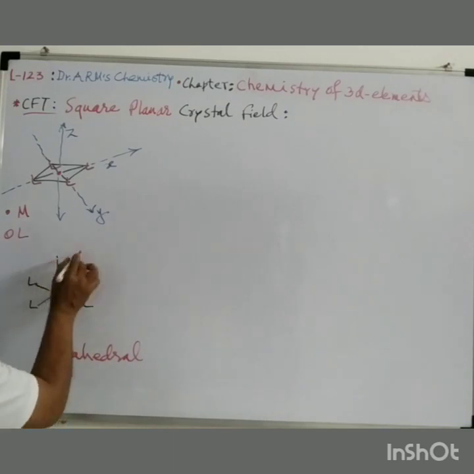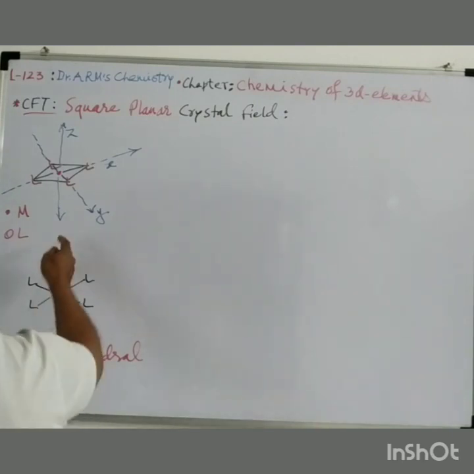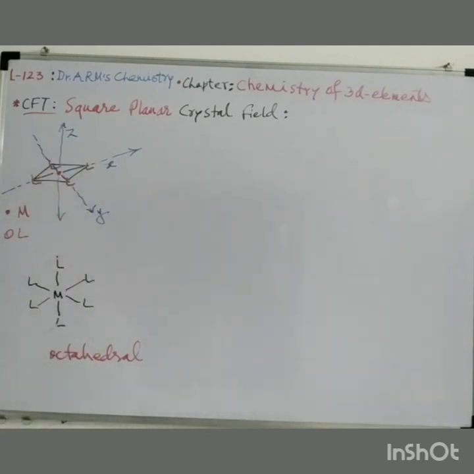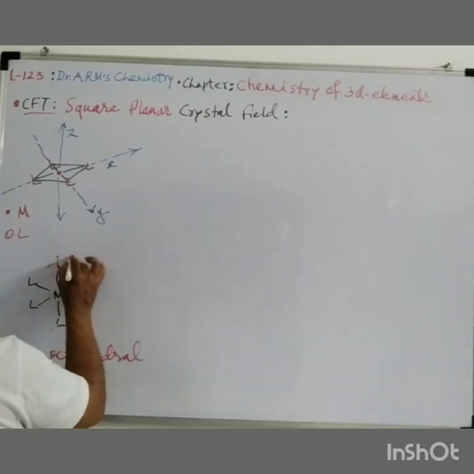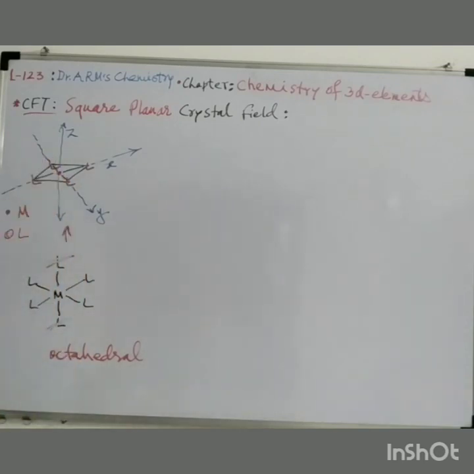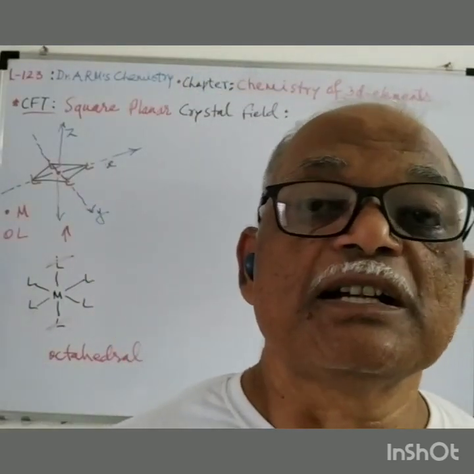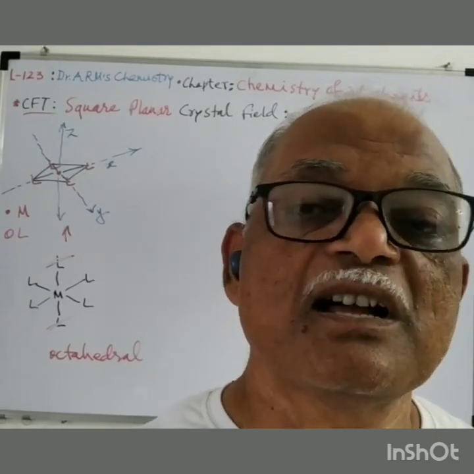Because of such removal, the structure is converted into this square planar structure. So the two ligands occupying the positions in the direction of the z-axis are removed.